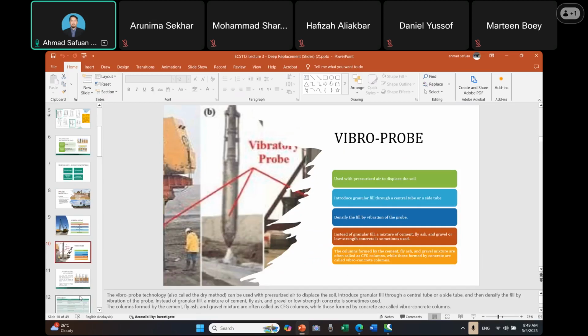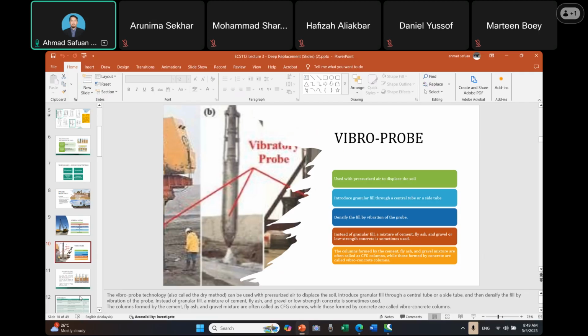Now, the difference with vibro probes is that the probes used have vibrations during the installation, used with pressurized air to displace the soil. When they have displaced the soil, they introduce the granular fill through a center tube or a side tube, and densify the fill by vibration of the probe.